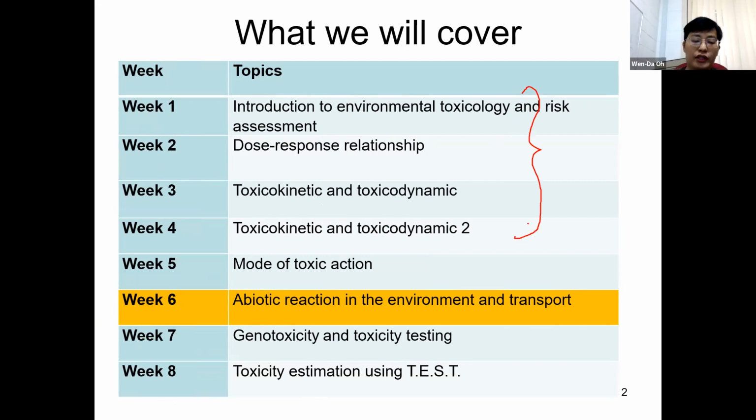We talk about how the toxicant can actually affect humans and what kind of effects that the toxicant can bring. Then after that, we look into the mode of toxic action. This one is more related to the chemical part, okay, the chemistry of the pollutant or the toxicant and how they are in the environment.